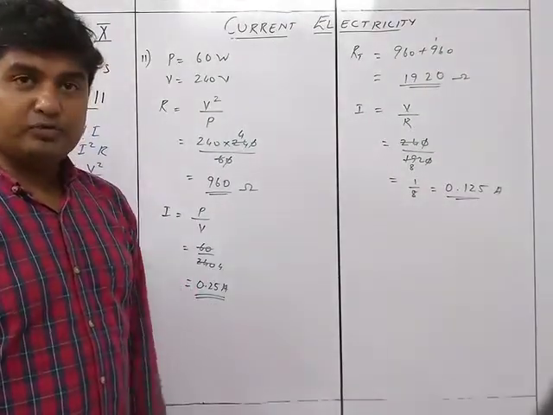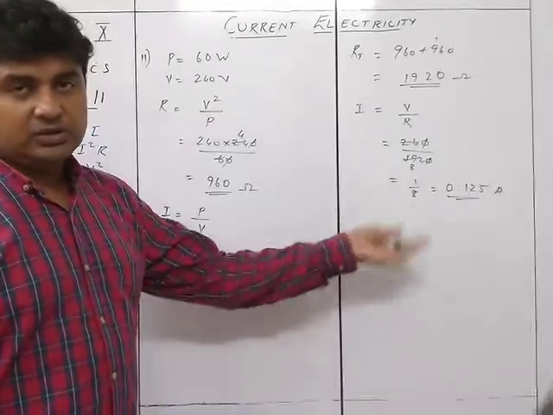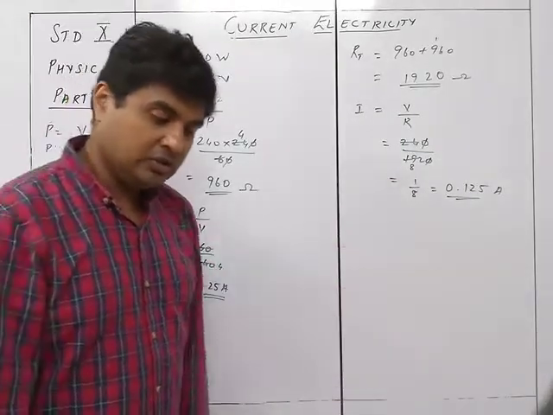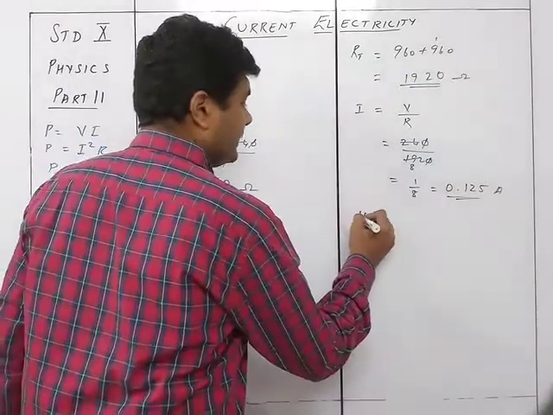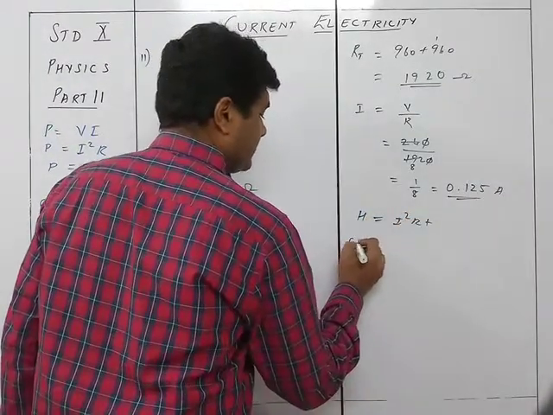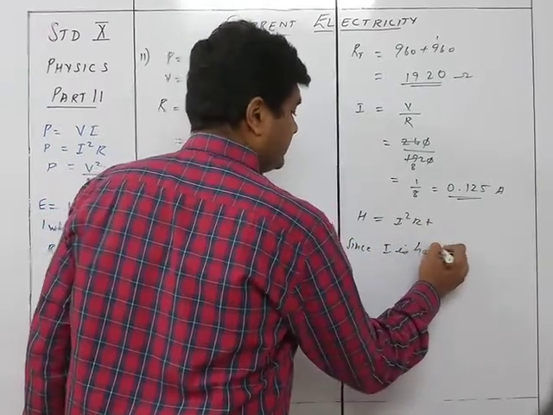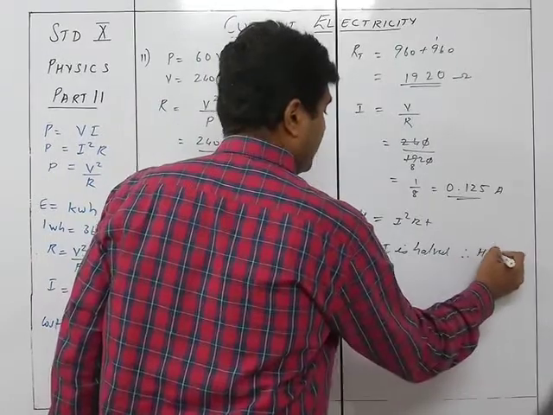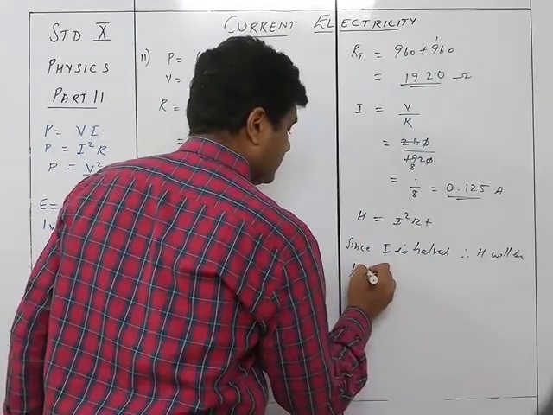Since the current has become half, the heating effect will decrease. It will be 1/4 times, because it's squared: heat H is equal to I square RT. Since I is halved, therefore H will be 1/4.